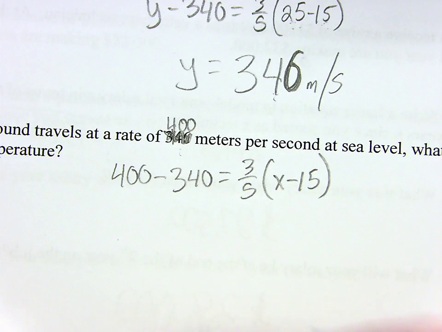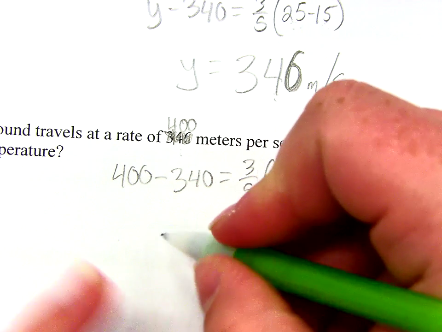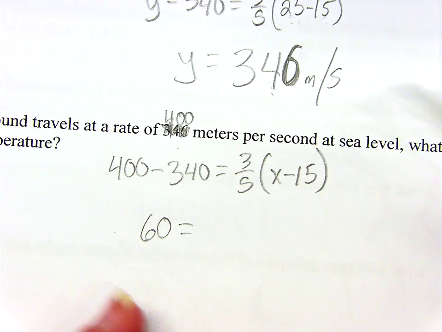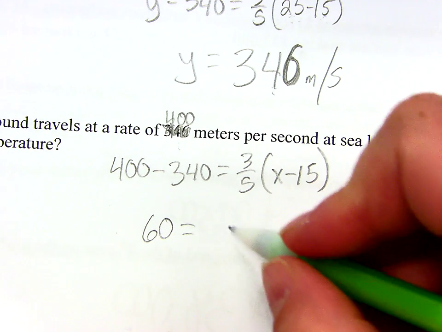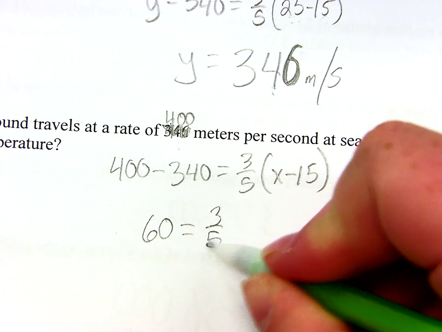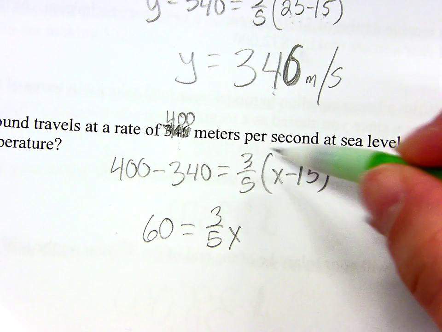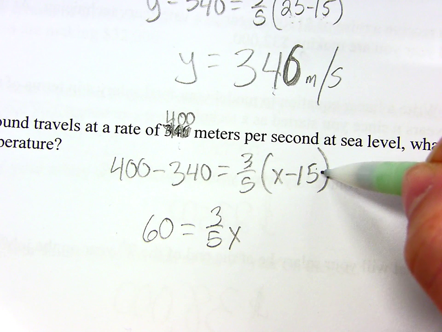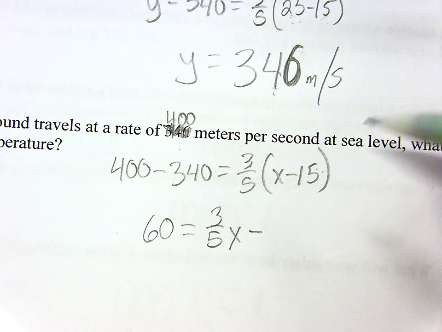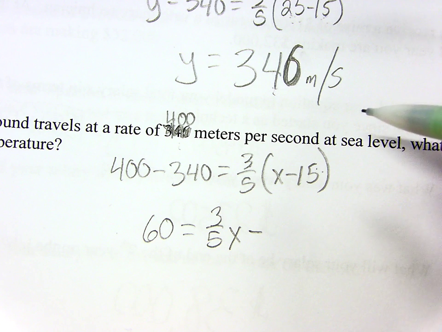Okay, so we can do that. 400 minus 340 is just 60. Let's distribute that 3/5, shall we? Do you remember how to do 3/5 times negative 15? Do you remember how to do it so fast? I hope you're not doing 3 times 15.